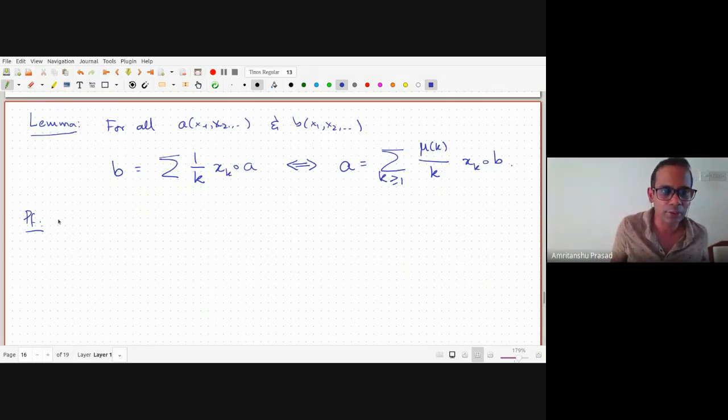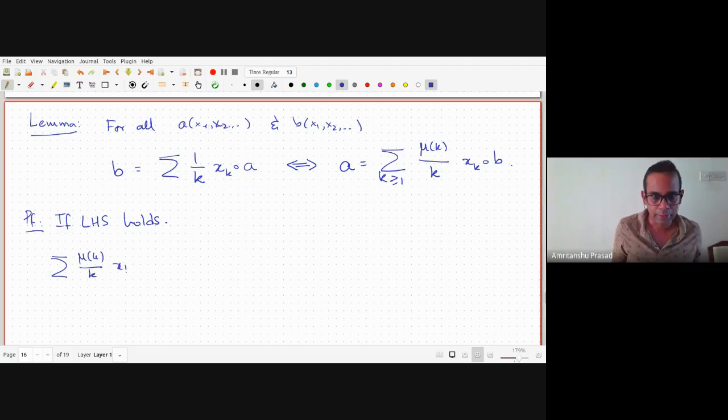So suppose LHS holds. Then I can just write summation μ_k by k, x_k circle b, which is summation k greater than or equal to 1 of μ_k by k, and then summation l greater than or equal to 1, x_k circle b, and then we have x_l.